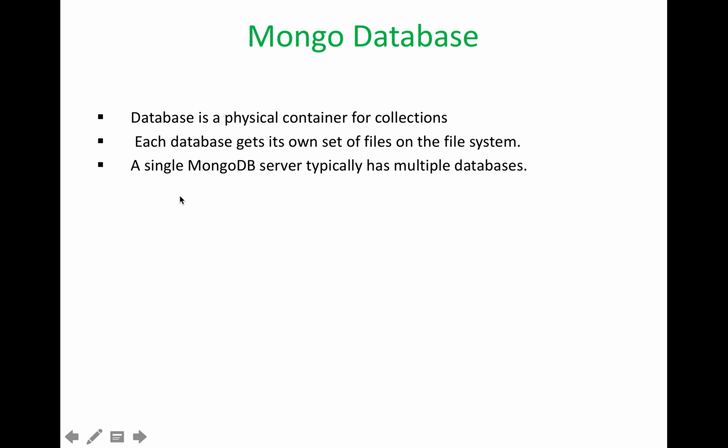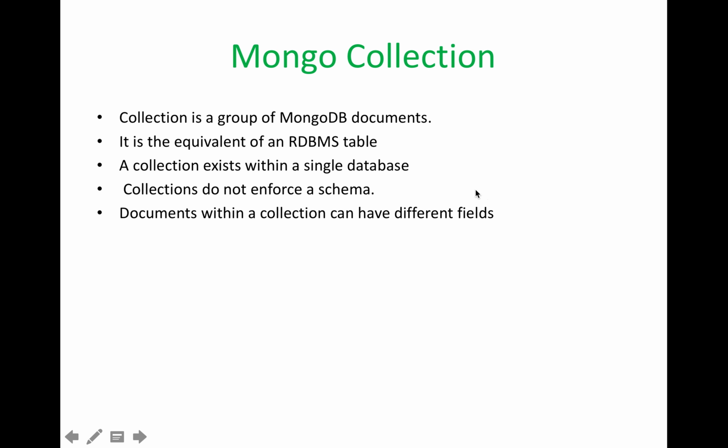In MongoDB, the database is a physical container for collections. Each database gets its own set of files on the file system. A single MongoDB server typically has multiple databases. What is a MongoDB collection? A collection is a group of MongoDB documents.